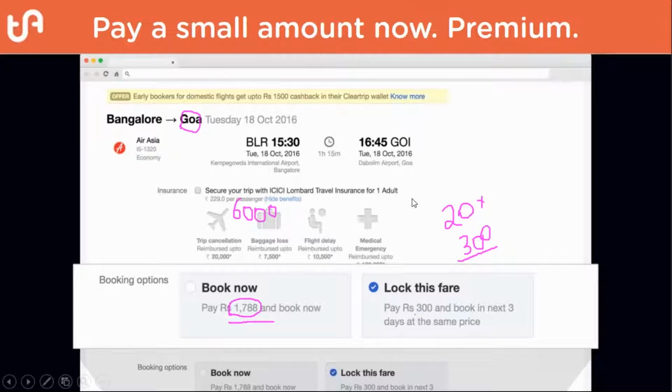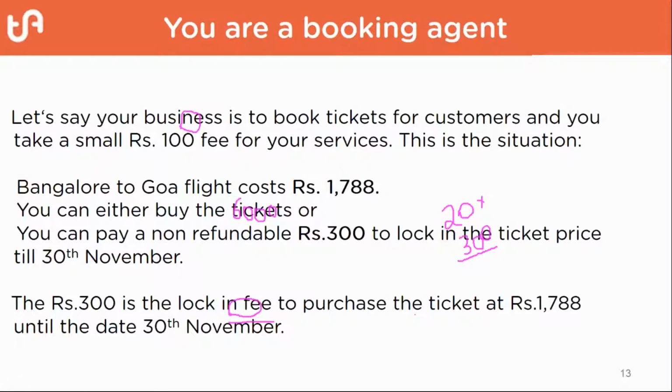More than 3 times? Okay, so can you tell me exactly how much? $1788. And what price will you sell the ticket to your clients?